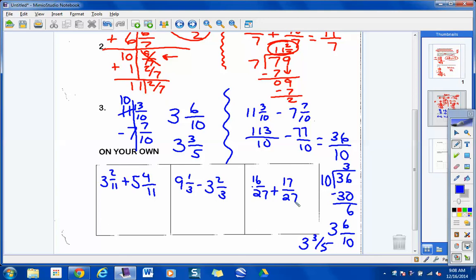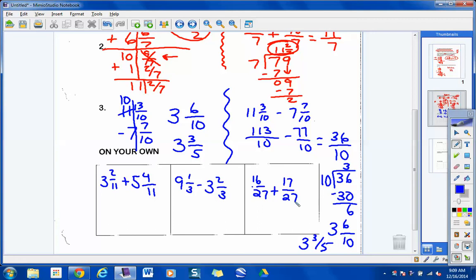Bring that sheet up here and I'll write that down, Mickey. And then grab your notes.